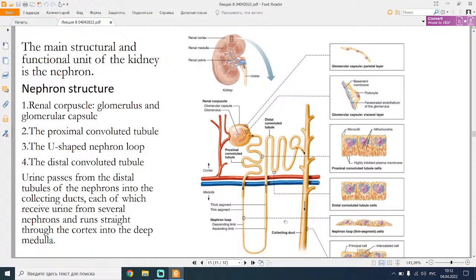It is the nephron: renal corpuscle, proximal convoluted tubule, U-shaped nephron loop, and distal convoluted tubule. This is the collecting duct. It is not part of the nephron.